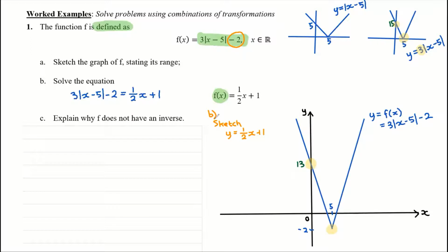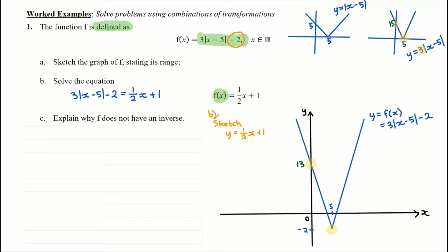Well, we've got a lot of information. We've got a gradient of 3 on our f of x and -3. So this is going to be nowhere near as steep, essentially. A gradient of 1/2, by contrast, is going to be a very, very steady, slow increase. And then the plus 1 is the y-intercept.